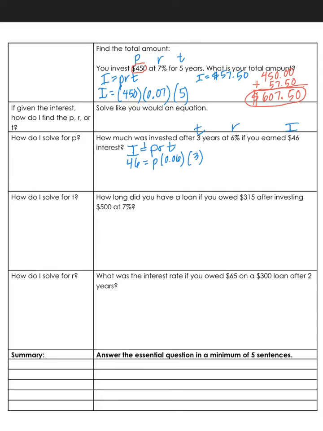And then we're going to solve this like we would an equation. So you're going to multiply 0.06 and 3, and you're going to get 0.18. And I'm going to put that in front of P, kind of like as my coefficient. Okay, and we want to know what P is equal to. So we need to divide by 0.18.